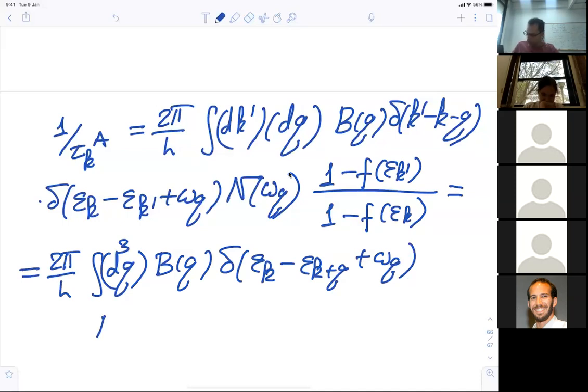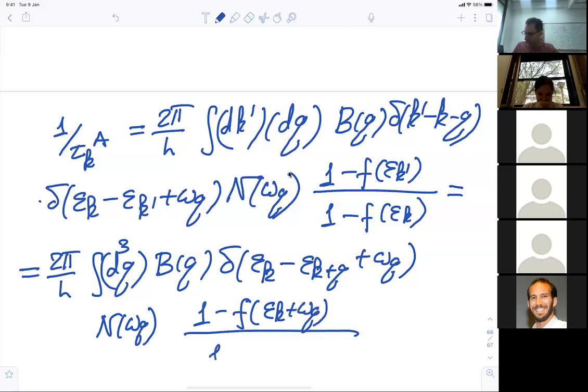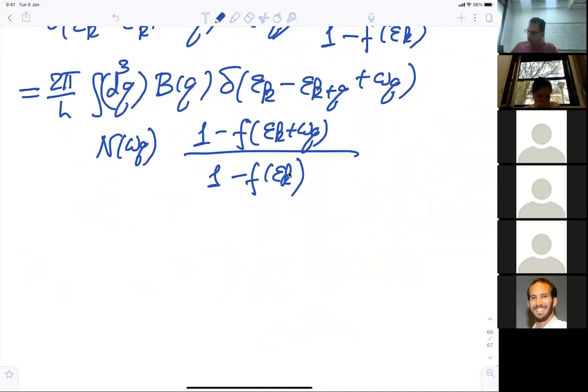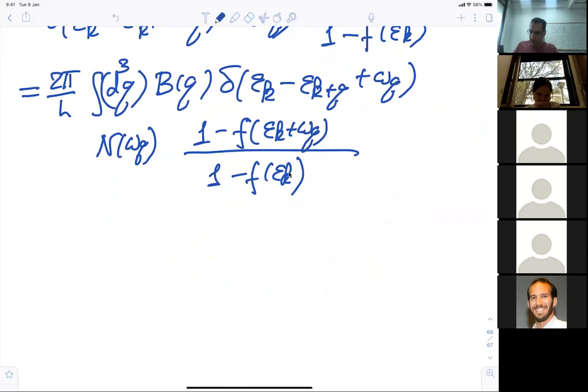And here n of omega q. And here 1 minus f of epsilon k plus omega q, over 1 minus f of epsilon k. Just a brute force calculation, so you can't help it.